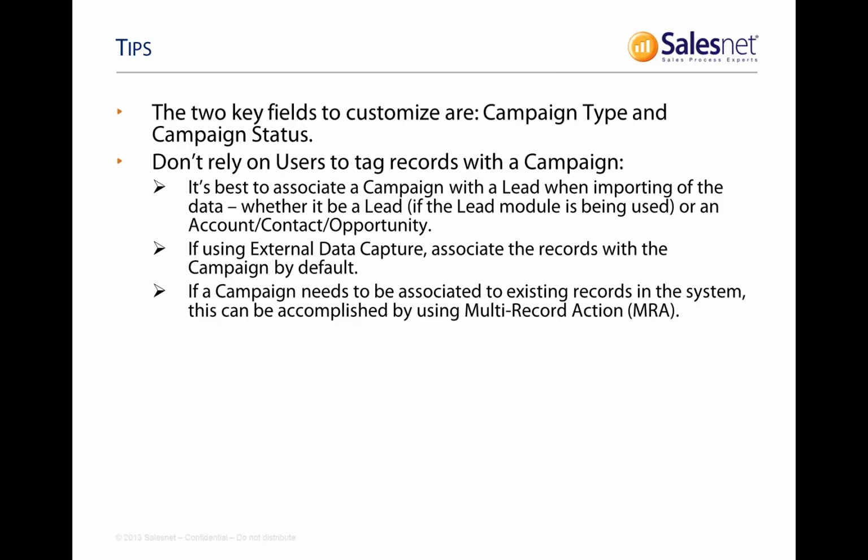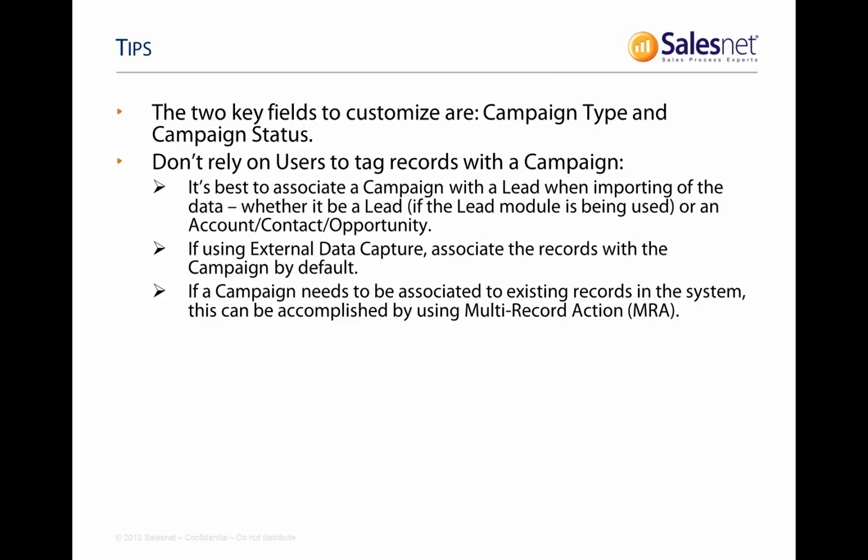Okay, and then finally, we're going to hit some more of this over the coming days, but we want to mention that, even though I just showed you all the manual ways to tie records to campaigns, we don't necessarily want to rely on that for every situation, okay?